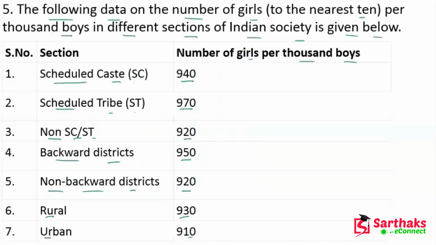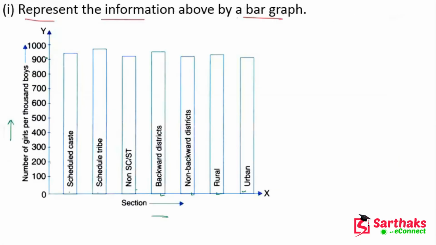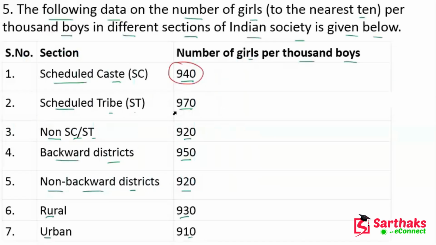In SC the data is 940, so the length of this bar is equal to 940. And the length of ST will be 970.